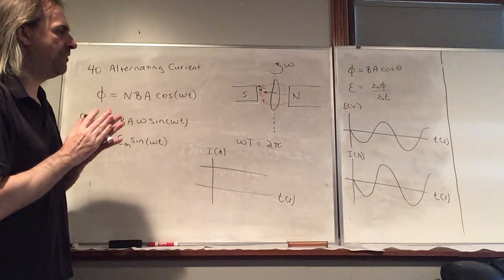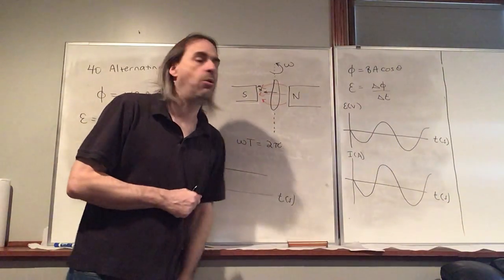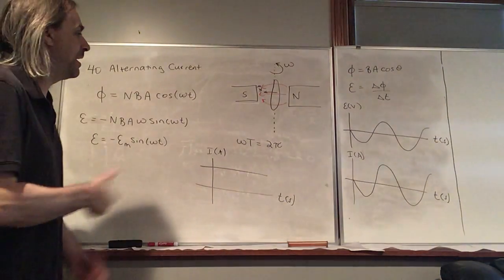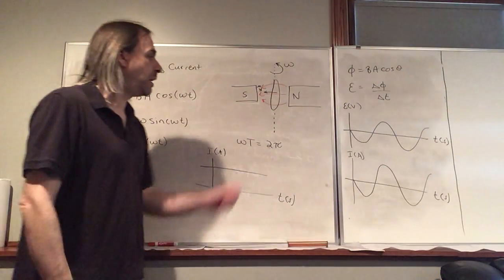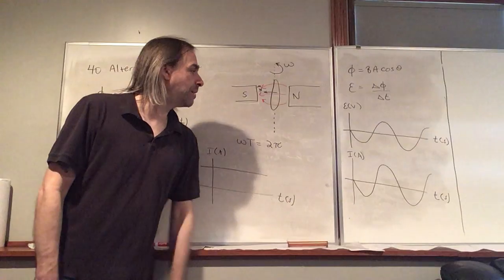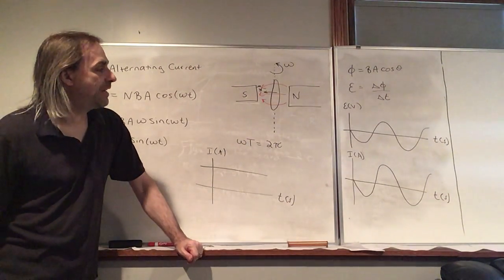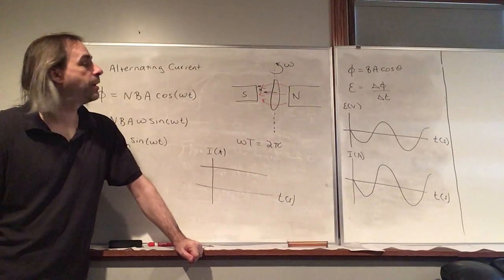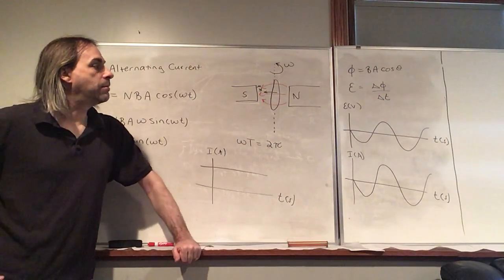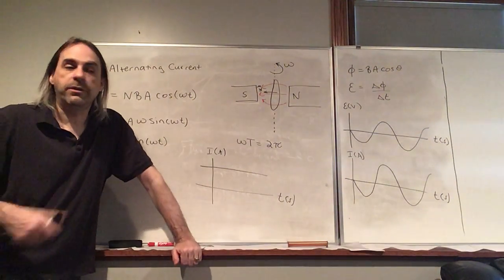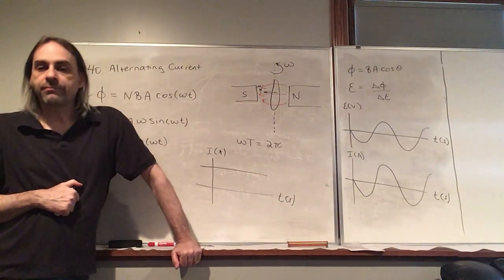Okay. Now, how often does this come up that we spin a coil in a magnetic field? Is this really important? This is where we get almost all of our energy. Most of it comes from spinning a coil in a magnetic field. That generates an EMF as described by Faraday's law.